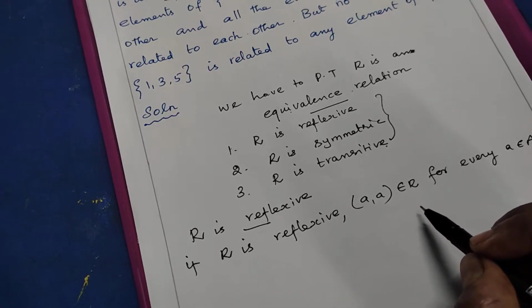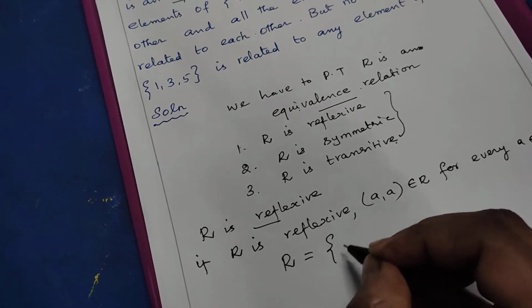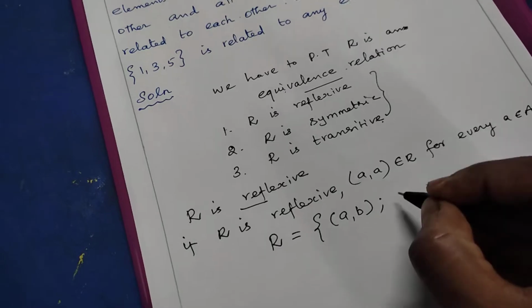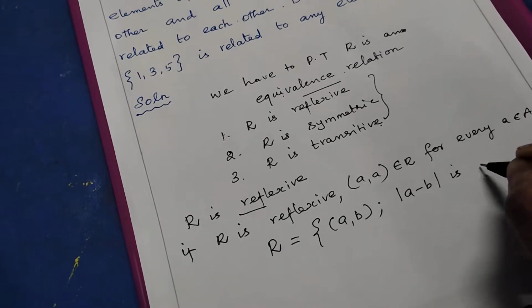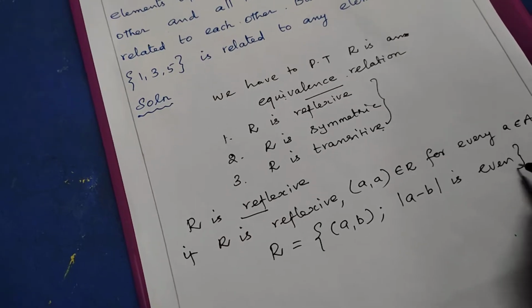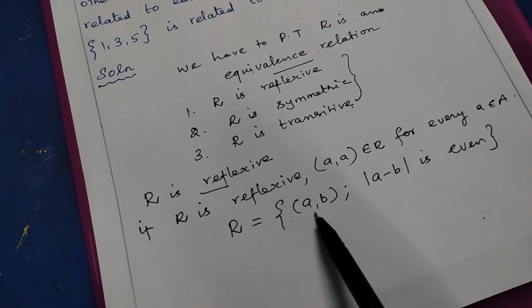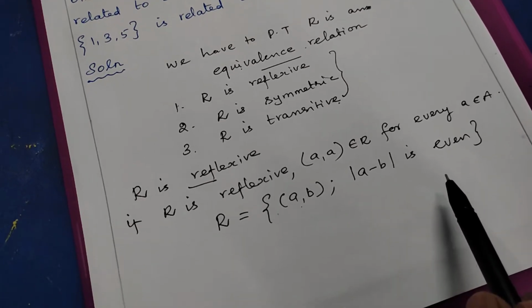But R is given in the sum as the set of all (a, b) such that modulus of a minus b is even. Okay, this is the given relation.